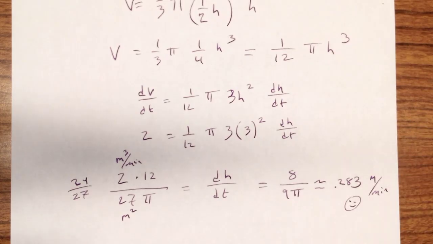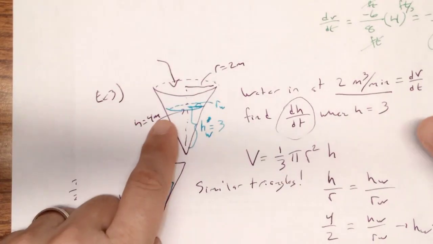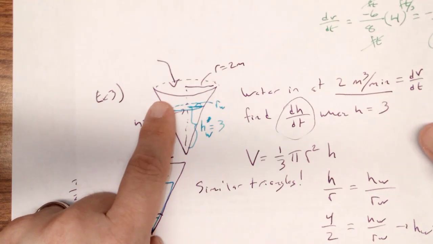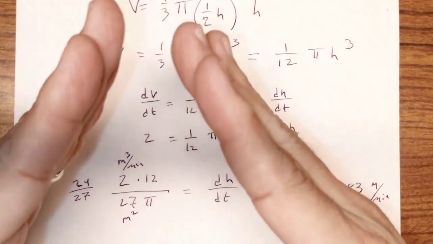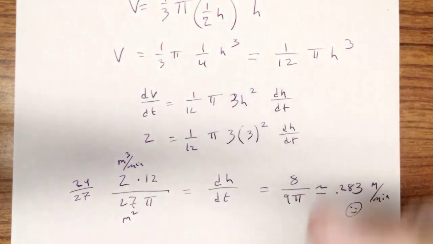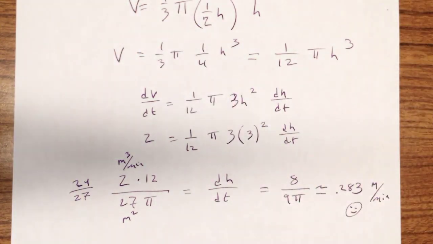But as we get higher up the tank, the water rises slower because the tank is wider at the top. If your tank narrows at the top, if your cone was the other way around, well, then we'd have a different result, wouldn't we?